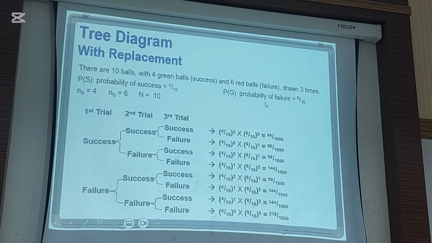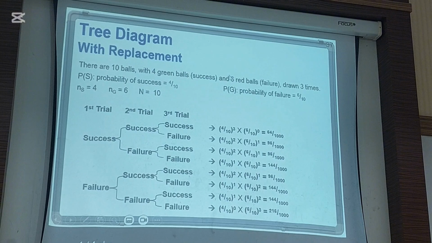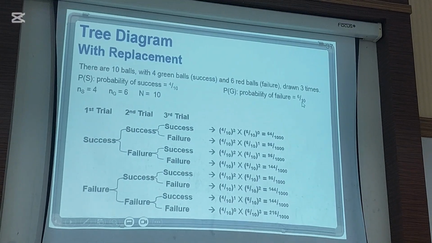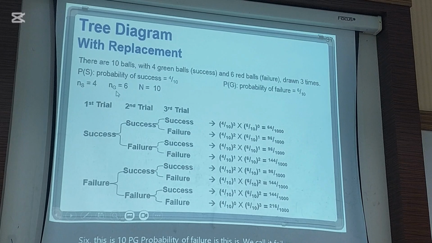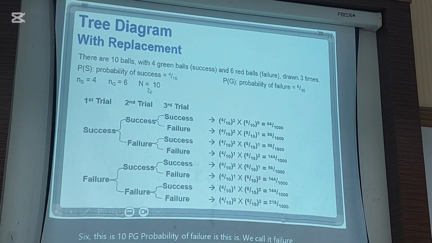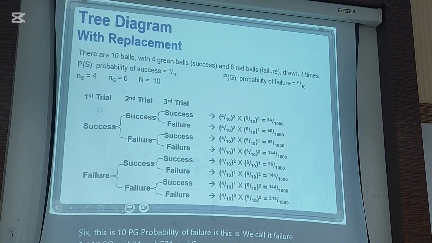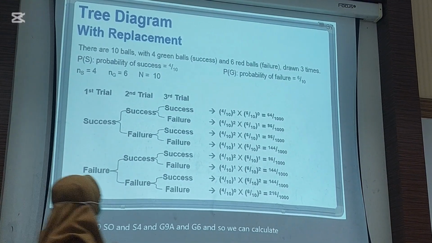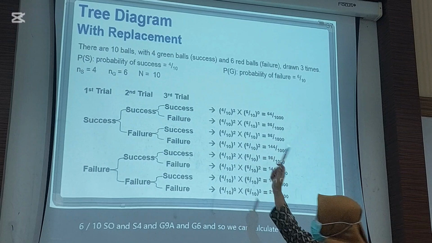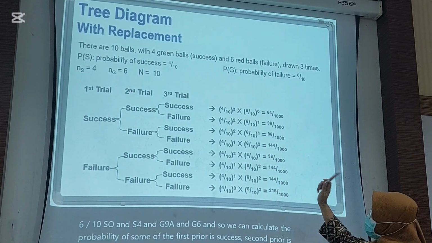The probability of failure is 6 divided by 10. So NS is 4 and NG is 6. So we can calculate the probability that the first trial is success, second trial is success, and third trial is failure.